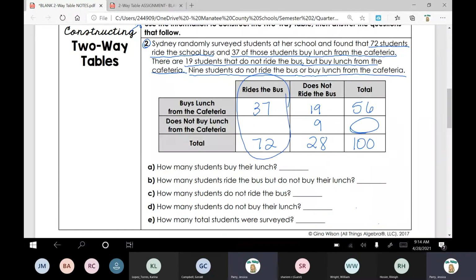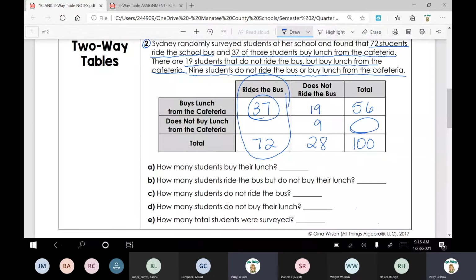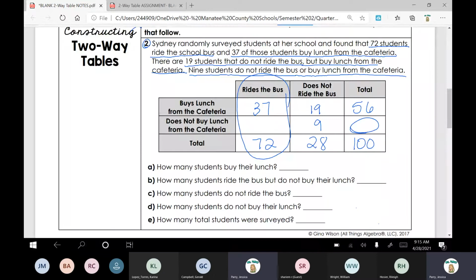So let's talk about our rides the bus. So we know normally we would do 37 plus this, and that would equal 72. But we're missing that. So you can actually go backwards. The opposite of adding is subtraction. So you would take your total, 72, minus 37.